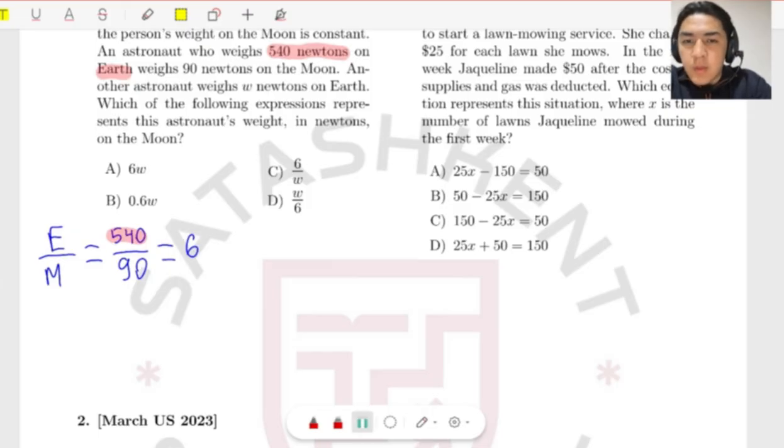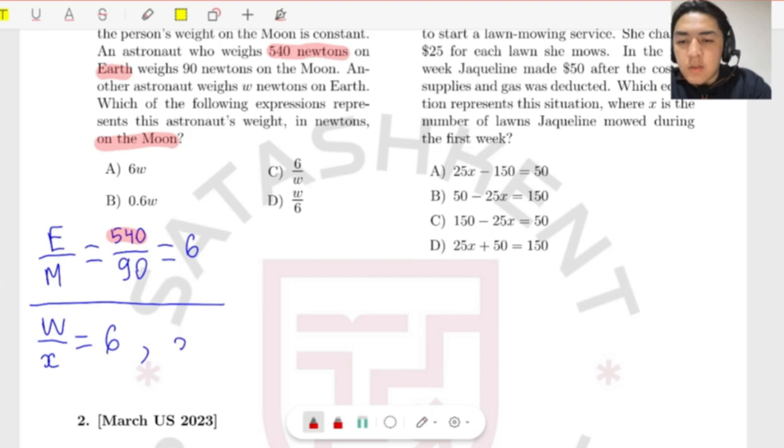It means that if another astronaut's weight on Earth is W, and I'm going to divide it by x, let it be x, because I am asked to find the weight on the Moon, equals our constant. If we solve, x will be W over 6. And the answer is, as you can see, D here.